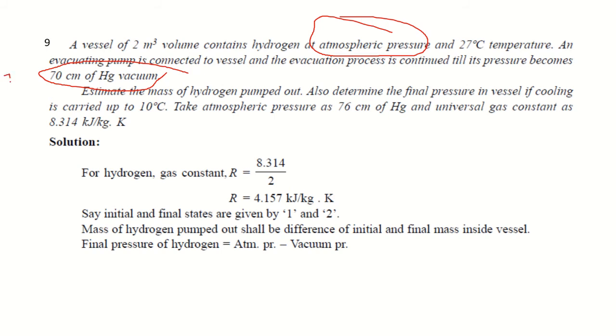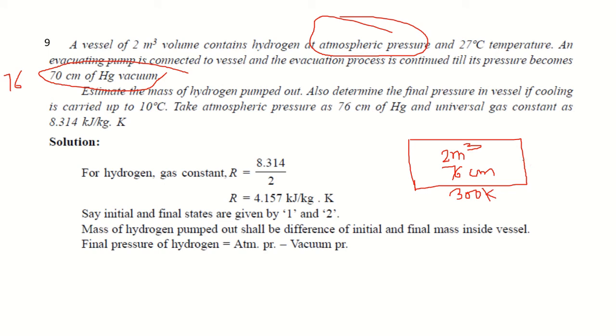When 76 centimeters of mercury is the atmospheric pressure, it is evacuated to 70 centimeters of mercury. So the 2 meter cube vessel contains hydrogen at atmospheric pressure, that is 76 centimeters of mercury, and 300 K temperature.